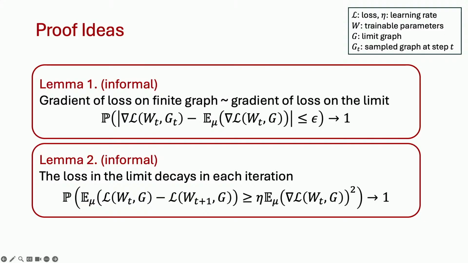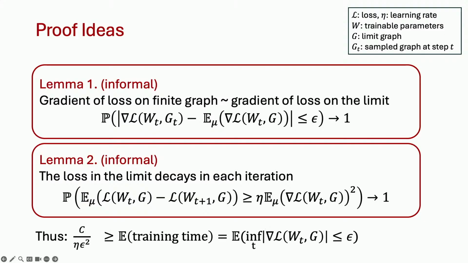Putting the two together, my algorithm stops when the gradient of the loss on the infinite graph is smaller than something. If this expectation is more than epsilon, then in each iteration there is a decay by epsilon times the learning rate. So the number of steps is proportional to 1 over epsilon squared. That's the general high-level idea.